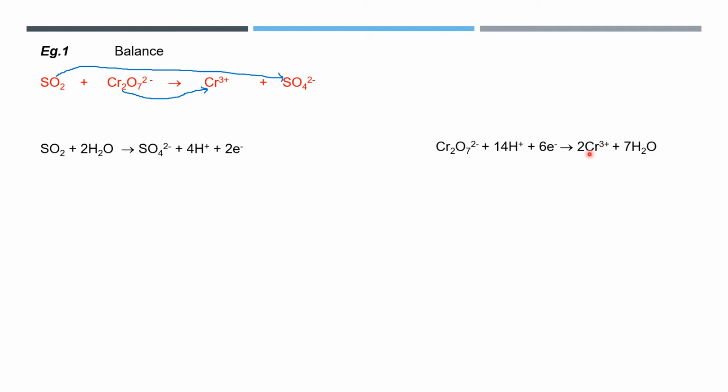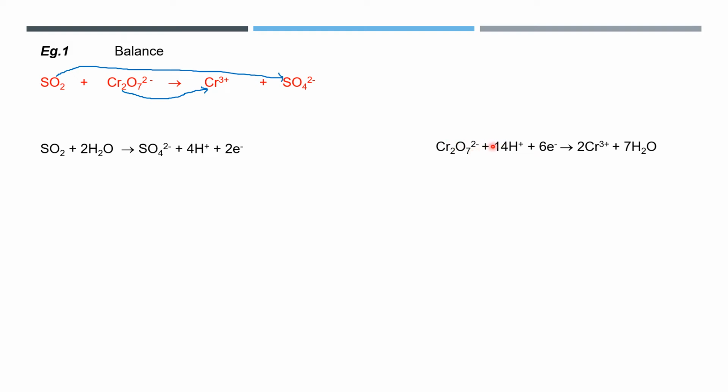So we have +12 on one side and +6 on the other, and we need 6 electrons. Those 6 electrons are added on the reactant side of the equation. This is a gain of electrons, which means this reaction is reduction. Dichromate is an oxidizing agent.